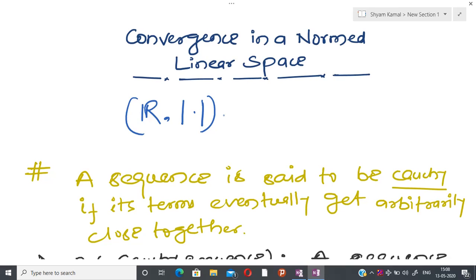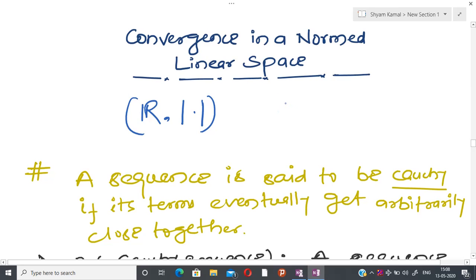So in other words, to test for the convergence using the definition we talked about in the previous class, it looks like this.